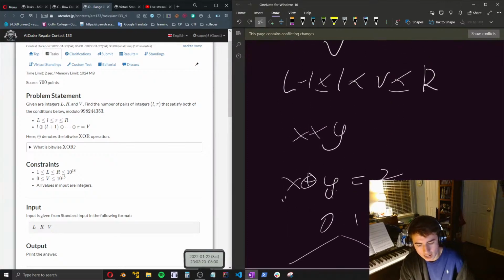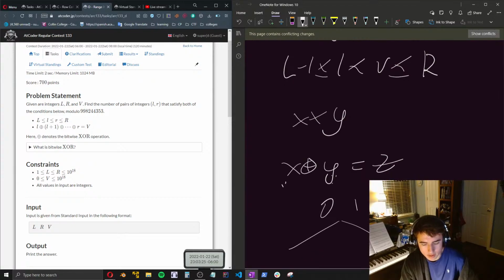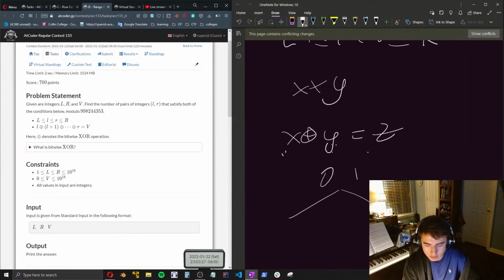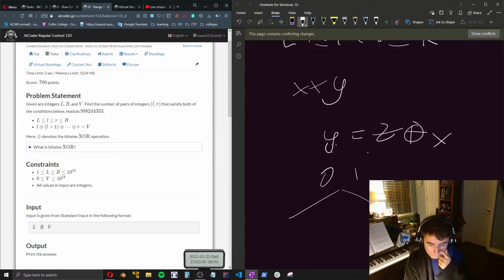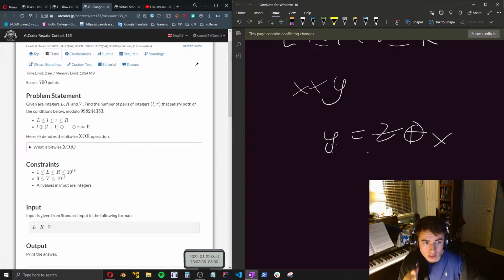Well, what range does Z XOR X fall under? All we need to do is figure out what range Z XOR X covers. It won't be continuous, right?